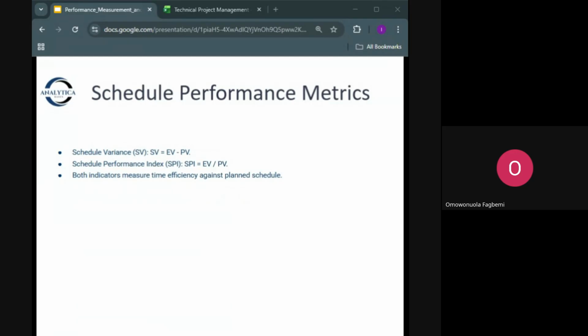Earned value minus planned value. So let's apply it. Suppose after 6 weeks, we plan to finish foundation and framing worth 20 million naira, but we only completed 15 million worth of work. That's a schedule variance of minus 5 million naira, meaning we are behind schedule.